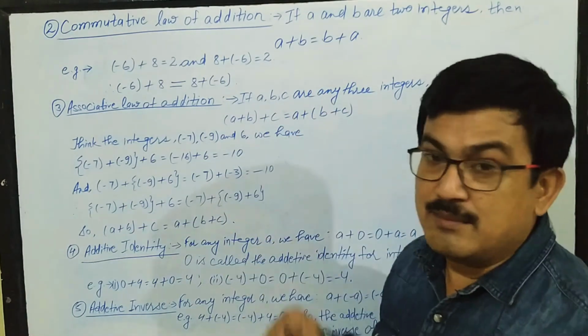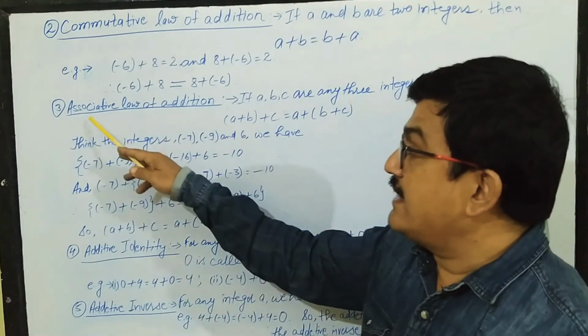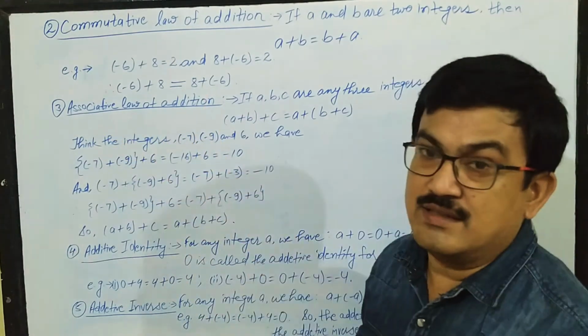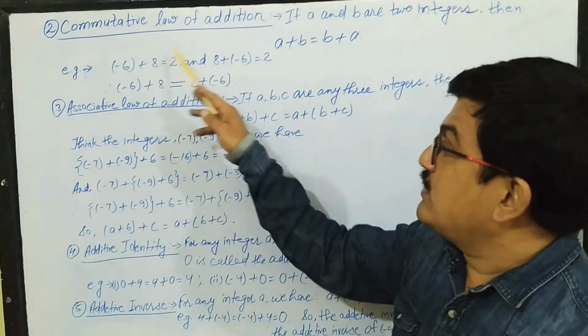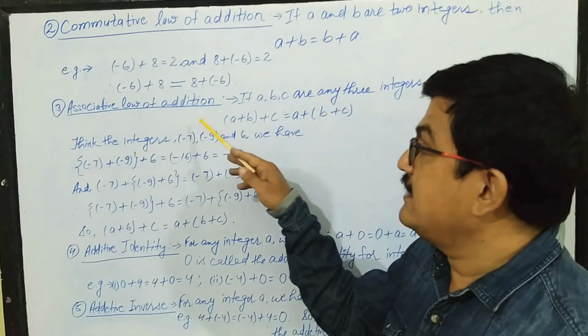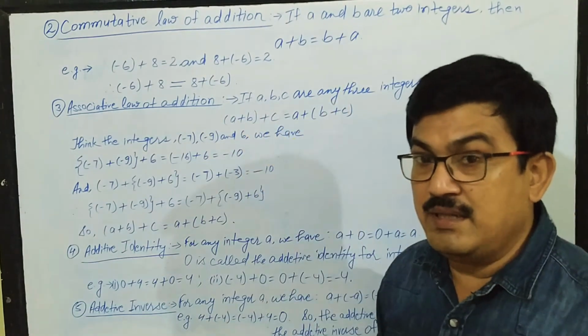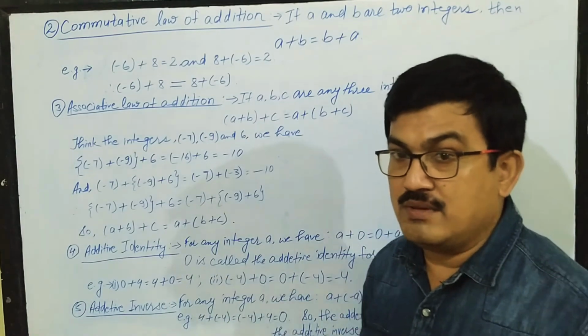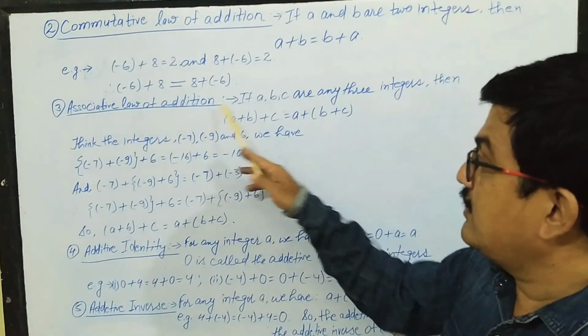Now come to the next, the associative law of addition. The previous one is for two integers, and this one is for three integers a, b and c. Let me clear how to solve.